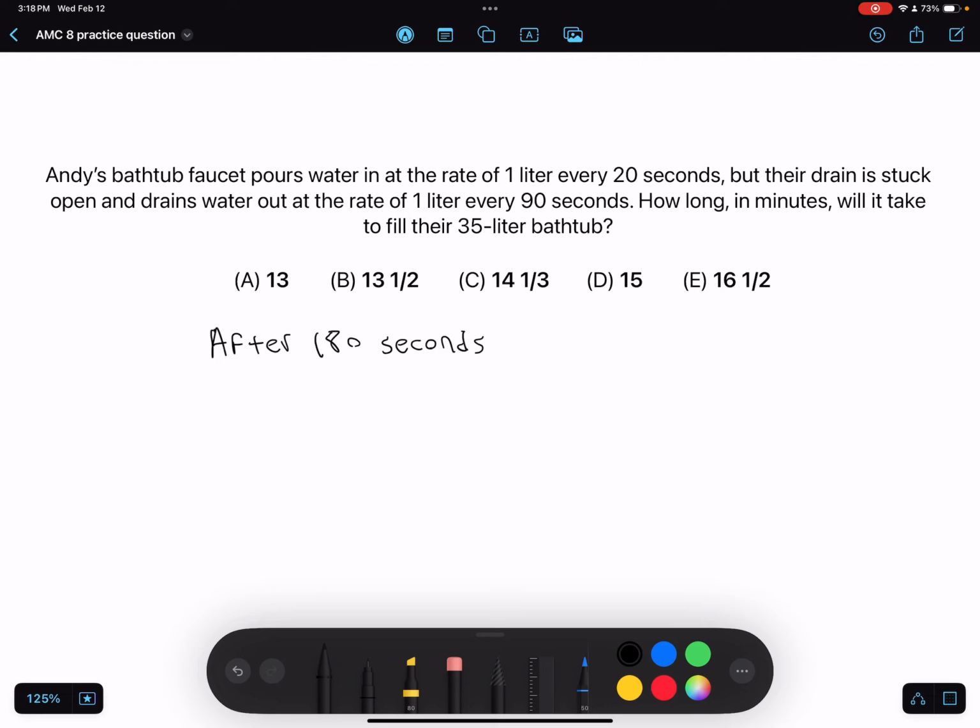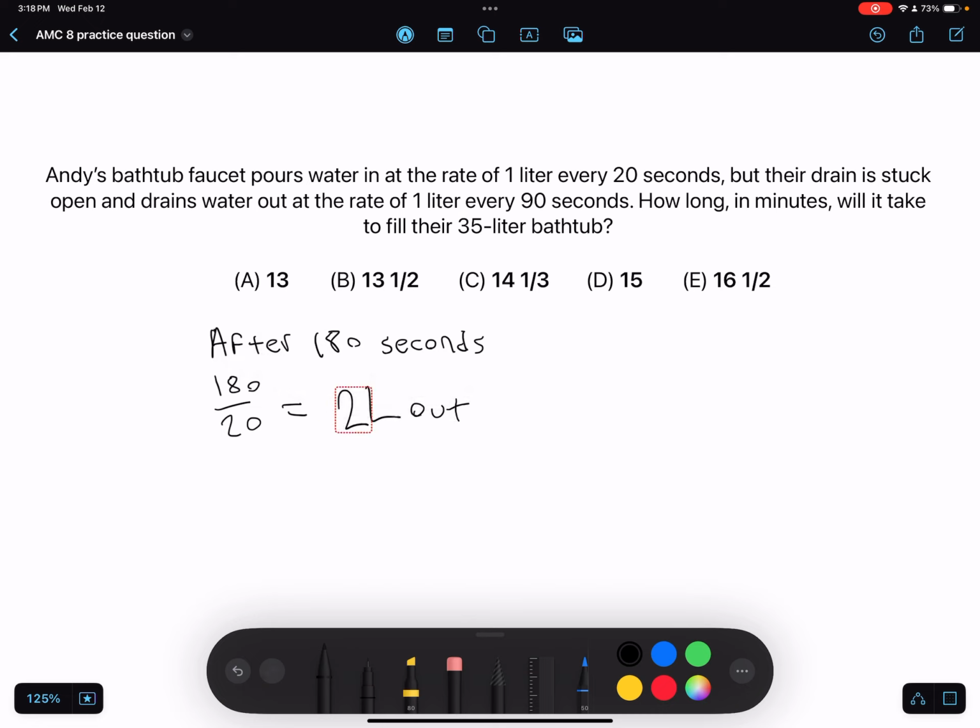To figure out how much water goes in, we do 180 divided by 20, because 20 is how long it takes for 1 liter to go into the tub, and we're looking at the time scale of 180 seconds. That gives us 9 liters going into the bathtub.